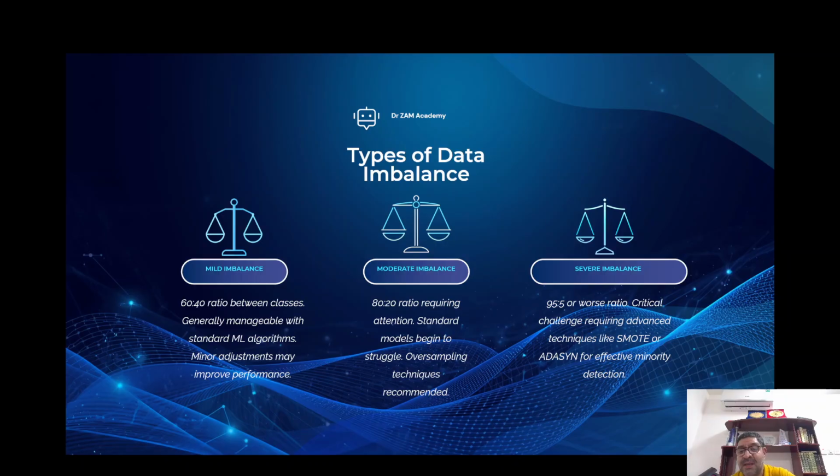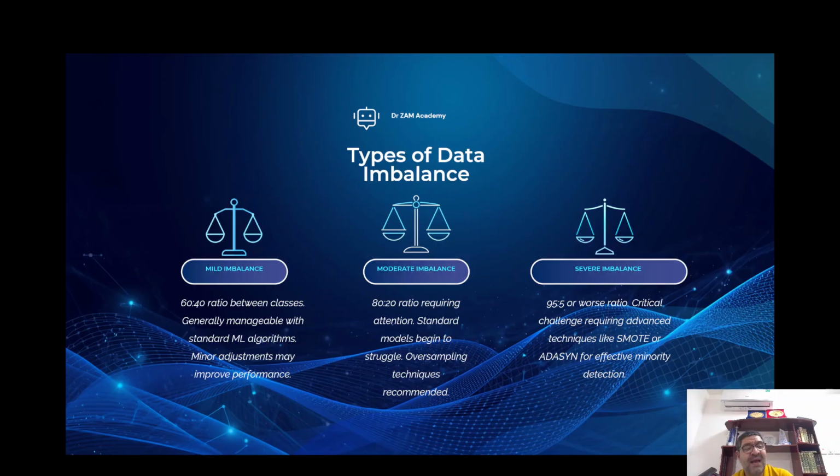So you can see these types of imbalance. Mild imbalance can be handled very easily, with certain adjustments here and there, maybe in the algorithm itself. A moderate imbalance is not handled directly; it requires some oversampling technique.